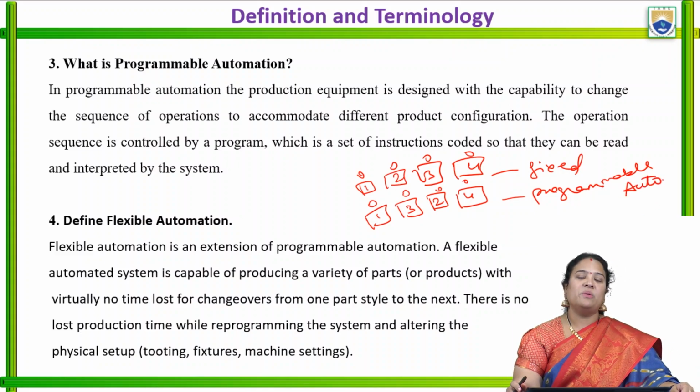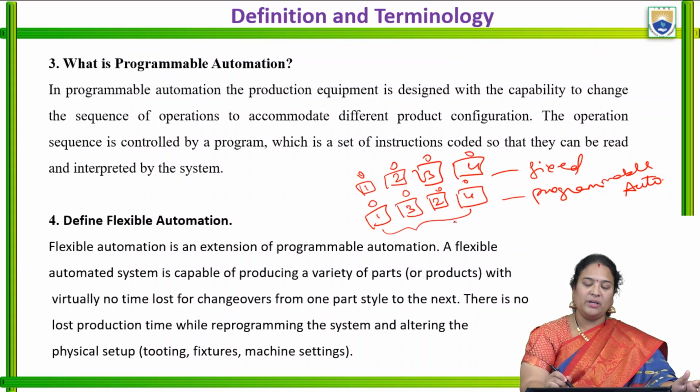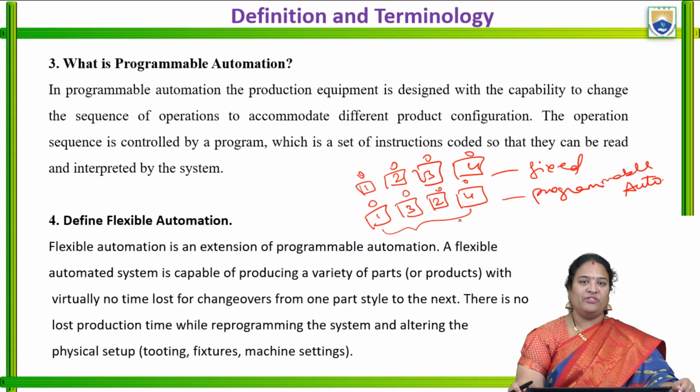That is, in programmable automation, the production equipment is designed so that it can change the sequence of operation to accommodate different product configurations.